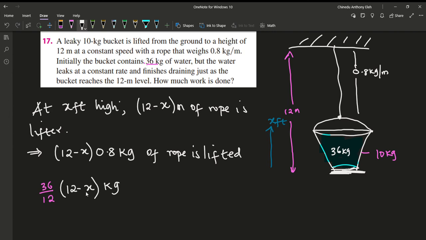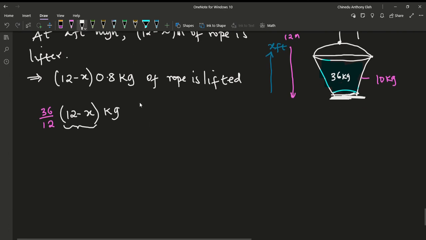Right, so this follows from a similar thing we did in the previous problem. We had the specific rate, and that was helpful in deriving this kind of relationship, but we are using the idea of that relationship to solve this problem. Now what is left is the bucket itself, which is 10 kg. This is the mass of water at x feet high, and this is the mass of rope.